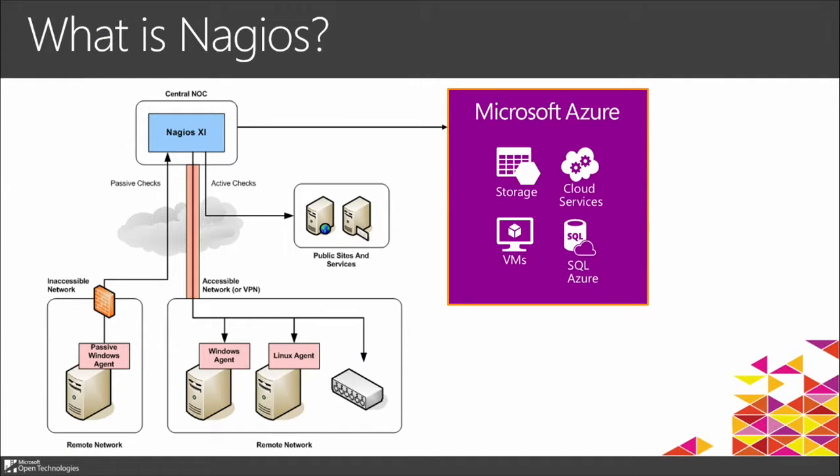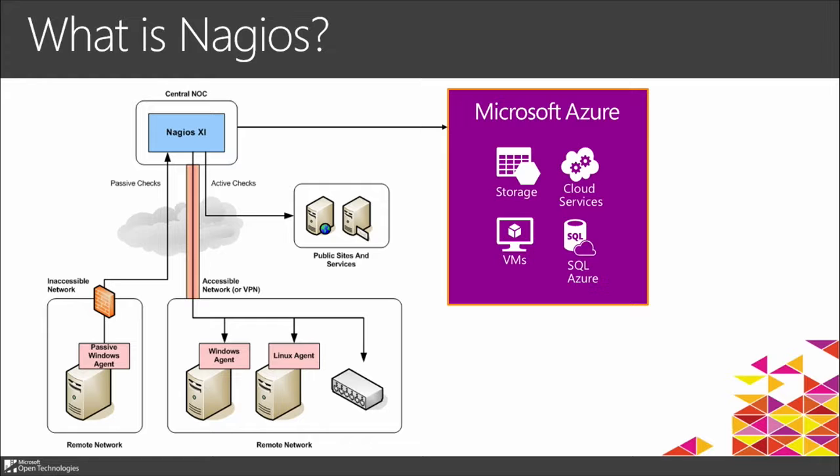What is Nagios? Well, Nagios is a piece of software that enables you to do various types of monitoring. And as it relates to Microsoft, we have a plugin for Nagios that enables folks to monitor storage, VMs, Azure cloud services, back into that central console.